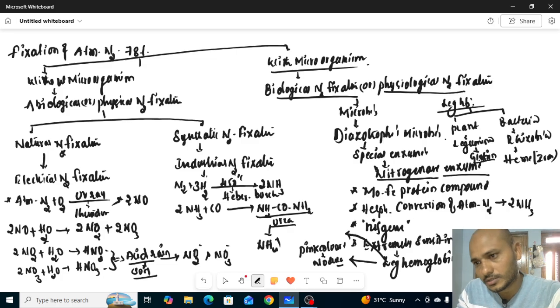So globin and heme together form leghemoglobin. It means that leghemoglobin is not the product of any single organism, it is a product of both plant and bacteria. So this is all about leghemoglobin.